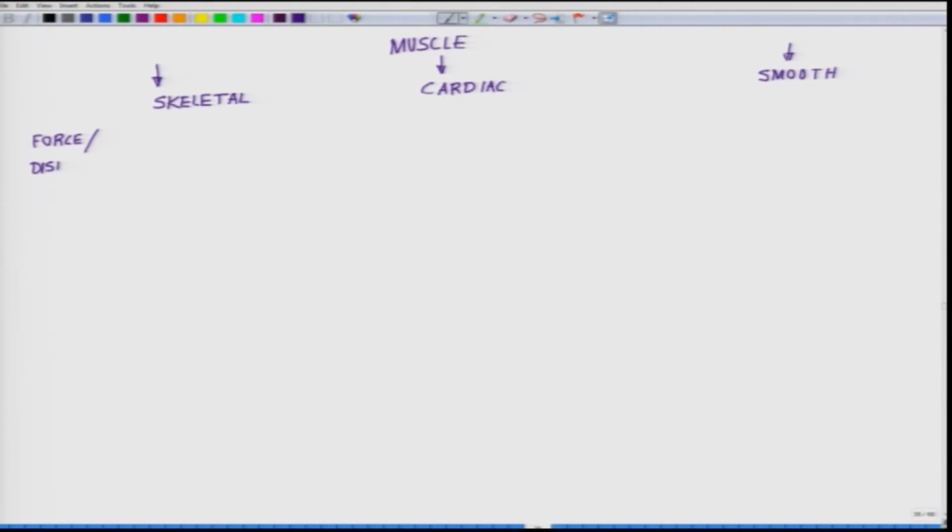Displacement is the per unit displacement taking place in the fibers. We will come to what we call fibers later. So we see here we have the maximum amount of force generated as compared to this. Of course, I would draw a slightly smaller arrow here and an even smaller arrow here. So here we see maximum force generation.